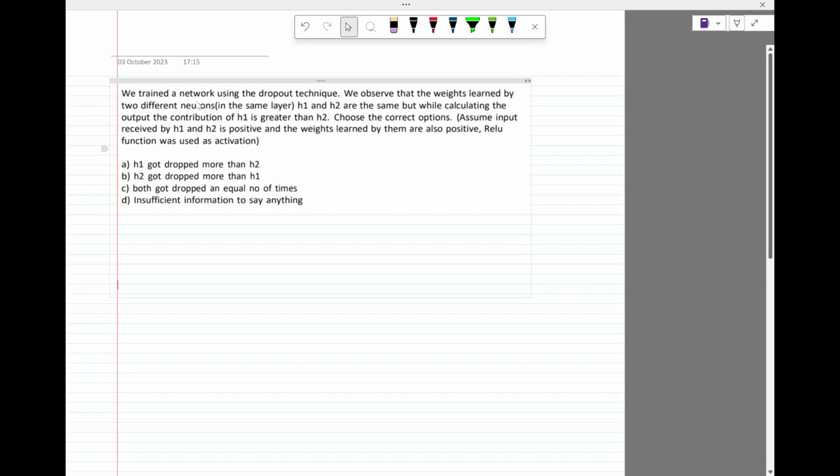So you are training a network using dropout, and in some layer you have some node H1 and H2, and you're seeing the weights used by H1 and H2.